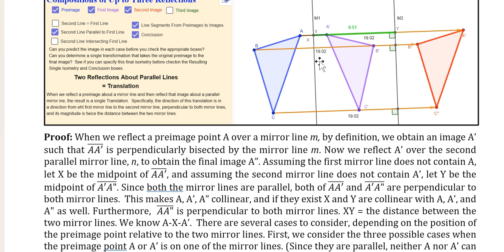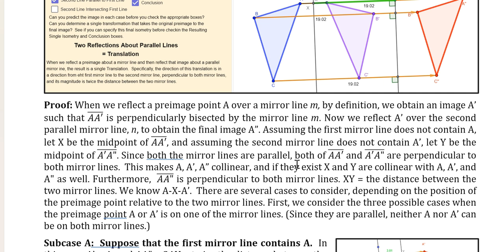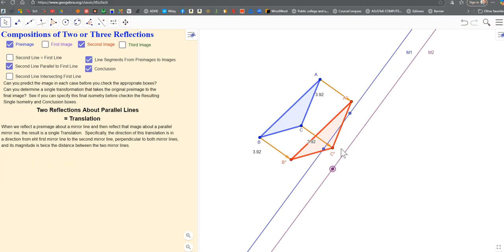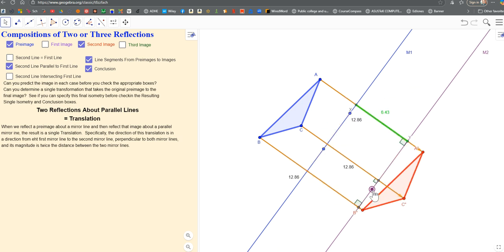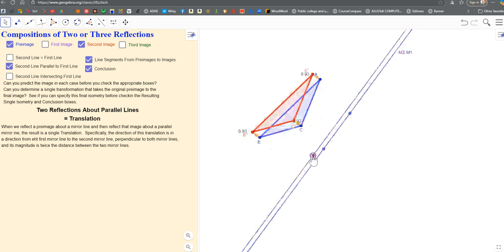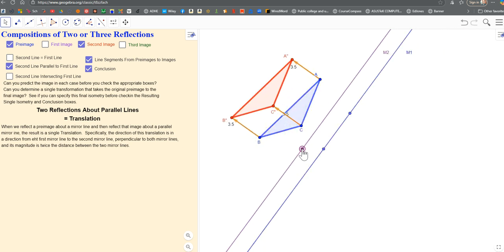And there are several cases to consider depending on the relative position of these things. So we already looked at this condition here. What if it's on this side?